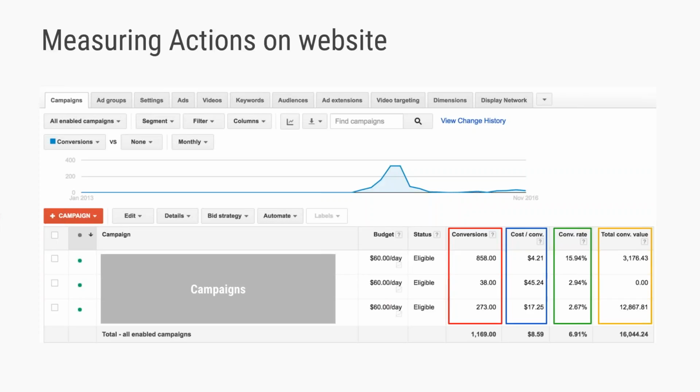Either you do not have the relevant content on the landing page, or whatever unique selling points or messages that you had highlighted in the ad are not available on the website, and that's why users may not be converting. So if you see a very low conversion rate, it is an indicator that you might need to go back and check your keywords, ads, and landing page again.